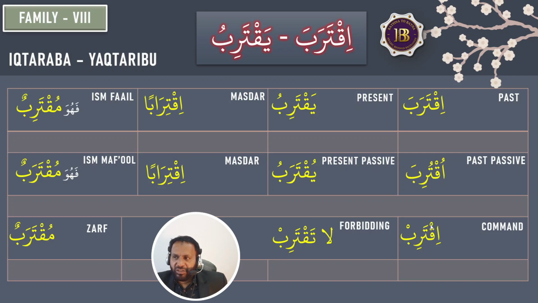You might have realized by now the root letters are kaf, ra, ba, so this word is coming from the meaning kareeb, near. But this is not karaba, to come near, or be near. No, because that would be karaba. This is iktaraba. It means to approach, even though it is made from qareeb.